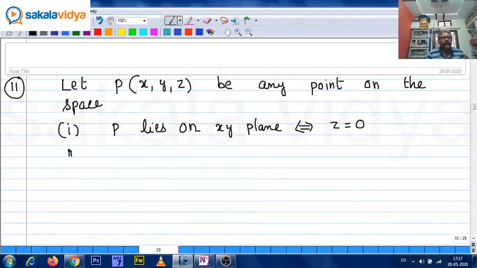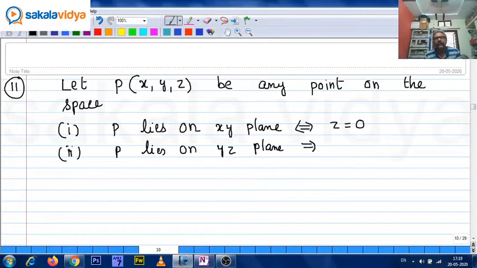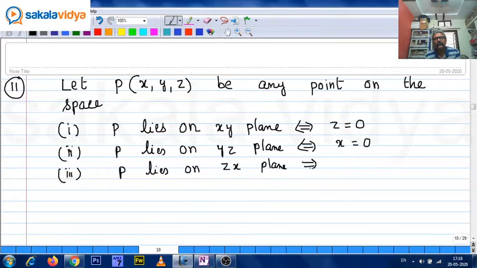Next, second point, P lies on the YZ plane, so that means X equals 0, the X coordinate is 0. P lies on the ZX plane, that implies the Y coordinate equals 0.